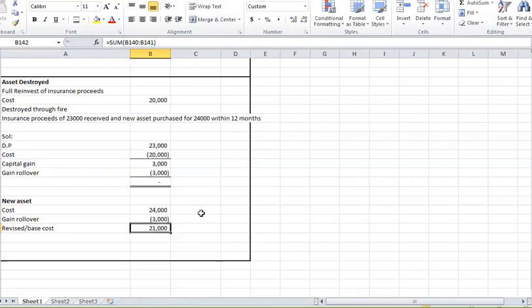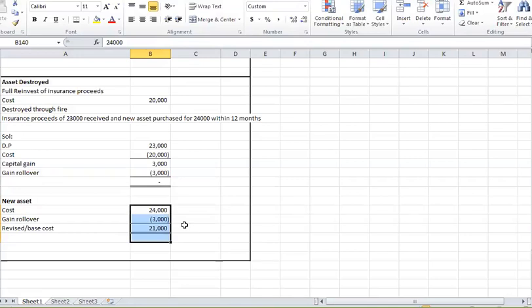So the cost has reduced. As a result of the reduction in cost, whenever we sell this asset in the future, our profit will be increased. So it is just a common concept.